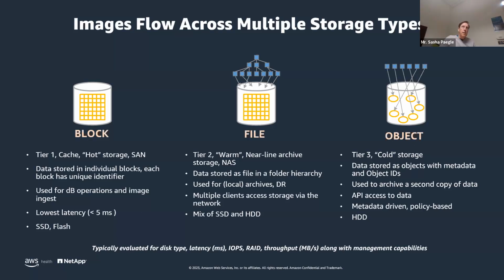One of the lenses that storage is evaluated through is oftentimes the hardware itself. You see that I've highlighted, you may have to consider, is it flash media? Is it SSD media? Is it hard disk media? Because that influences the performance of the particular application or use case.